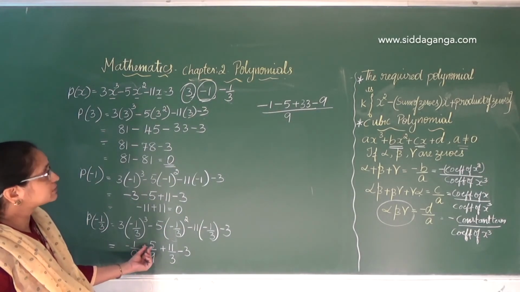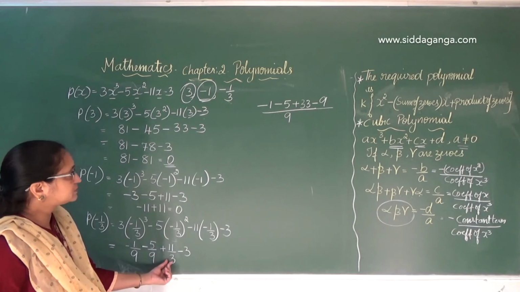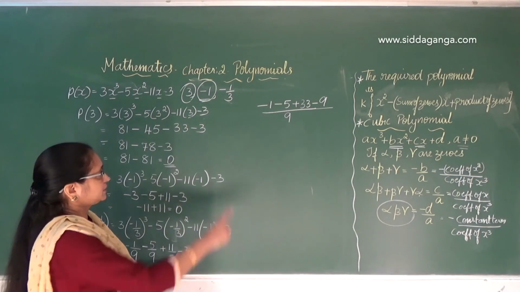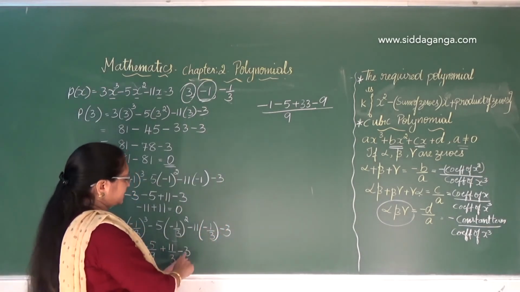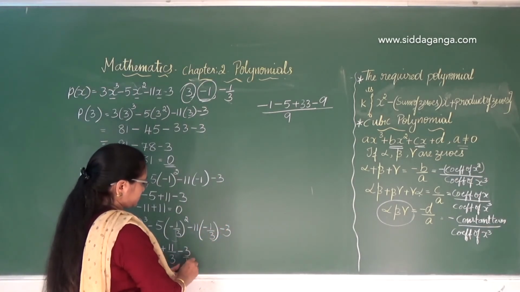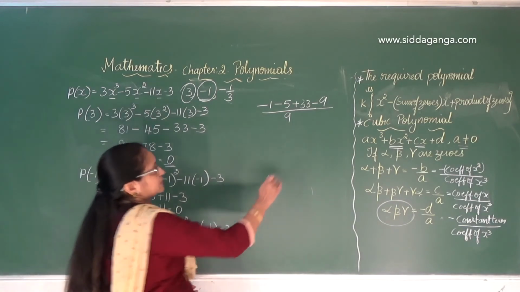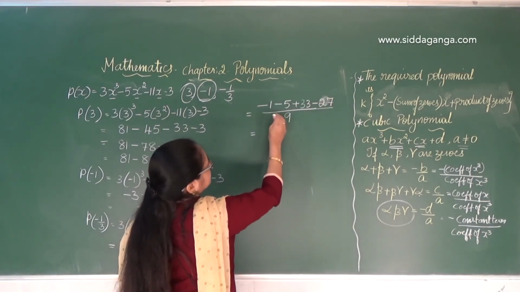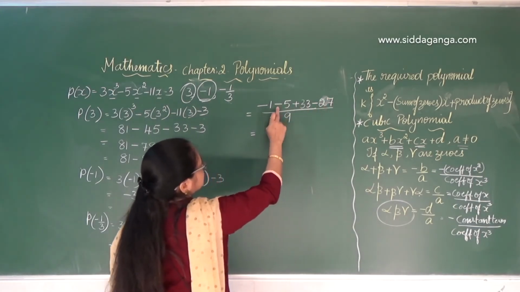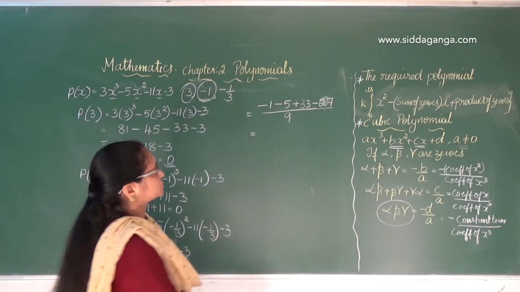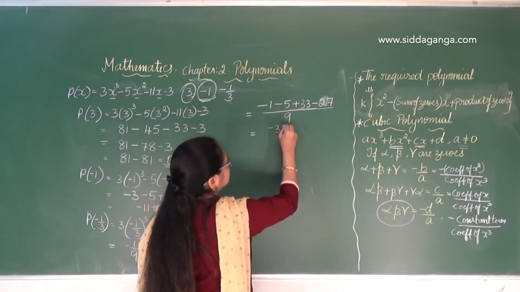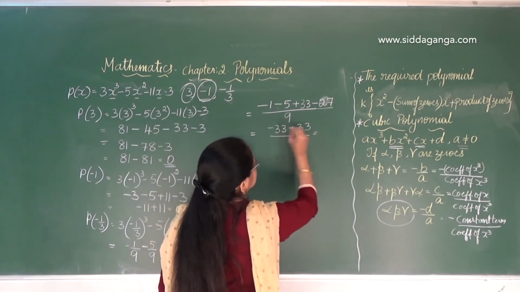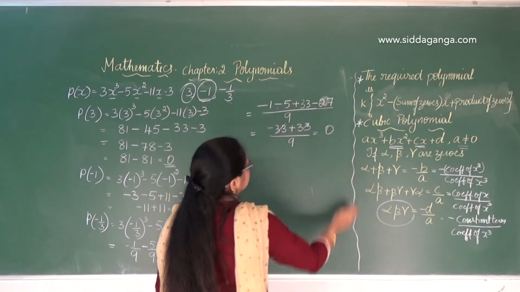This is minus 1 minus 5 plus 3 3s are 9, 3 11s are 33 minus again 9, 9 3s are 27, sorry, 27. Now, just see minus 27 minus 5 minus 1. So, definitely it will become minus 33 plus 33 by 9. So, this minus 33 plus 33, it will become 0.